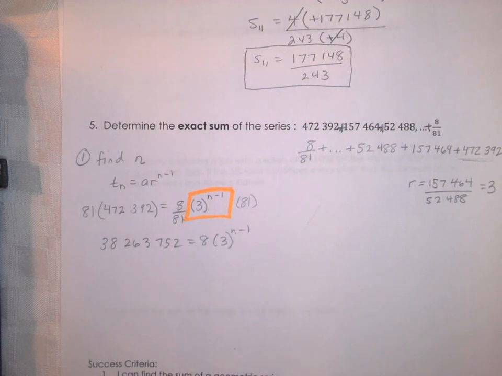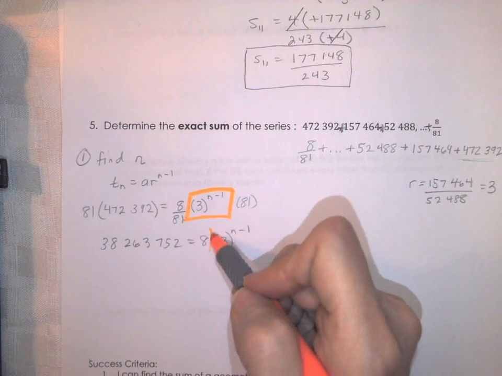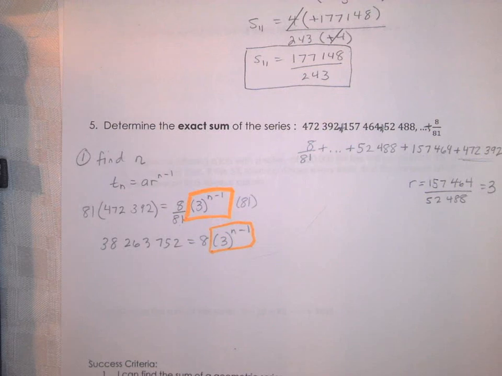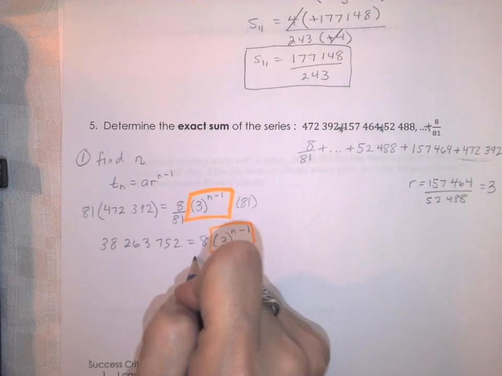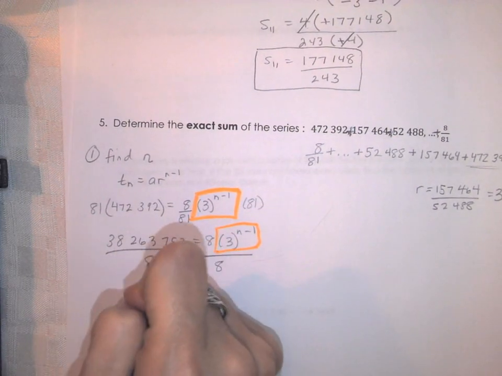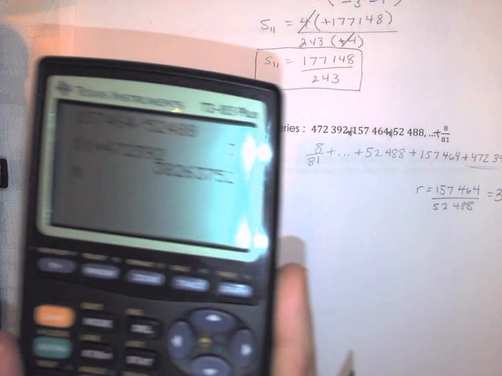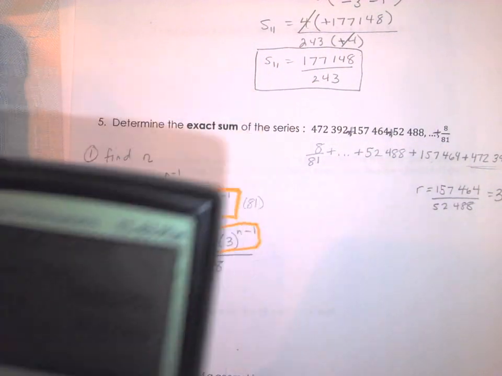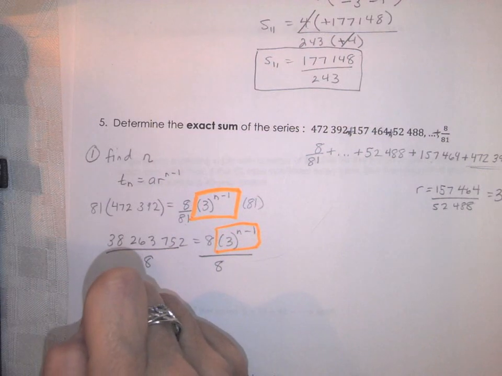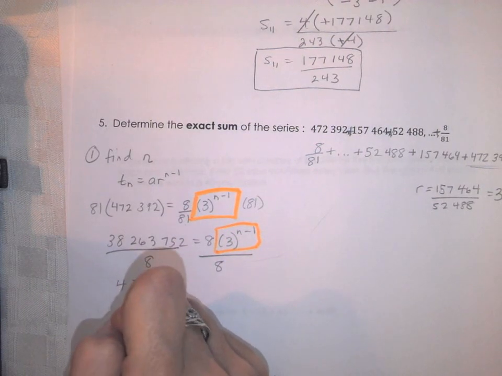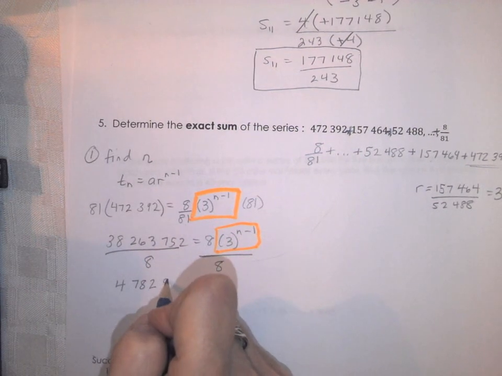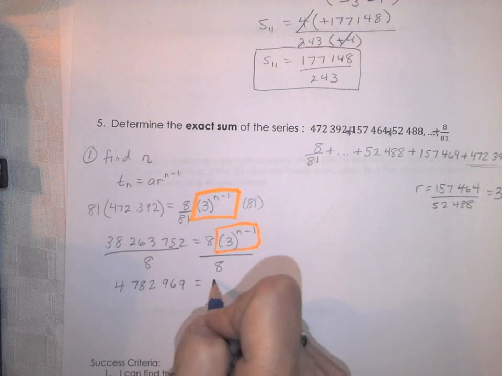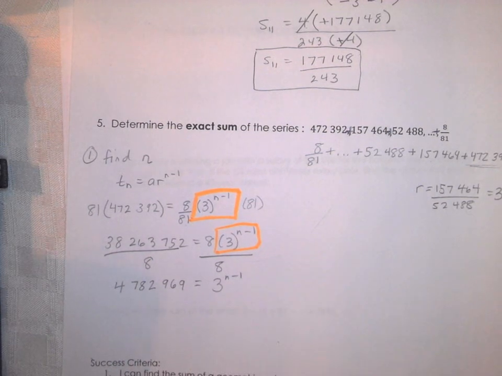I still want to get the exponential by itself, so I'm going to divide both sides by 8 now. So I'm going to leave that number in my calculator, divide it by 8, and I get 4,782,969, and that has to be 3 to some power here.